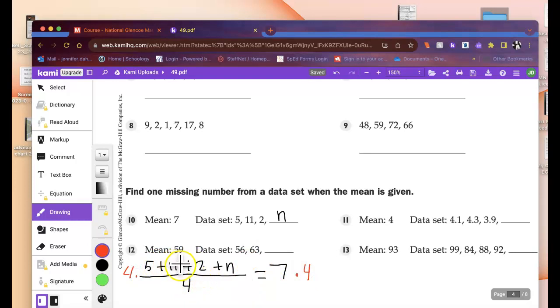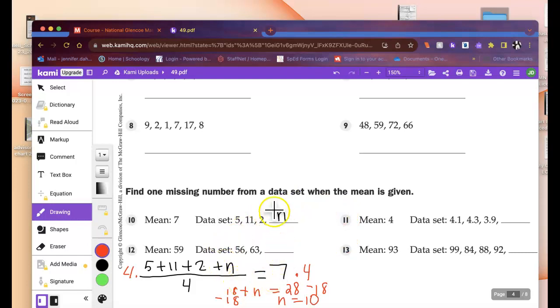So 11, 12, 13, 18. Now I'm going to write down here, 18 plus some number is going to get me, what is 7 times 4? 28. And I know what this number is because I'm going to subtract 18 from both sides, and my n would equal 10.